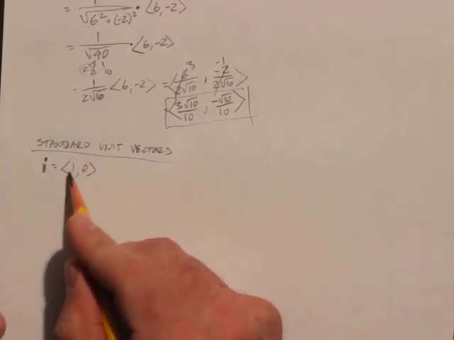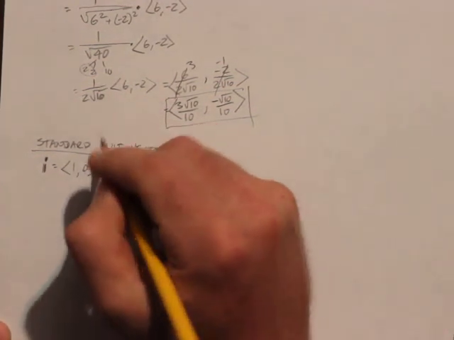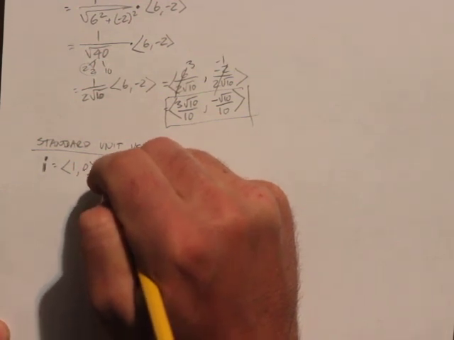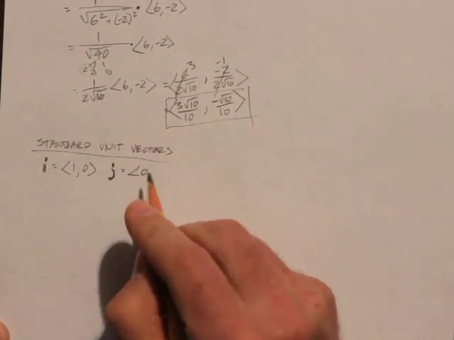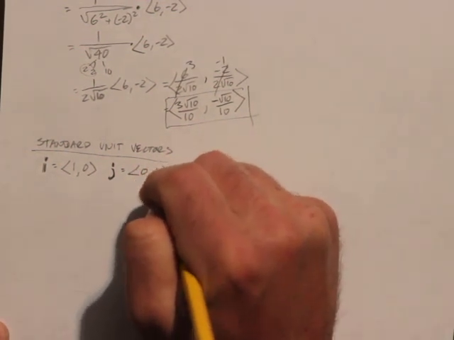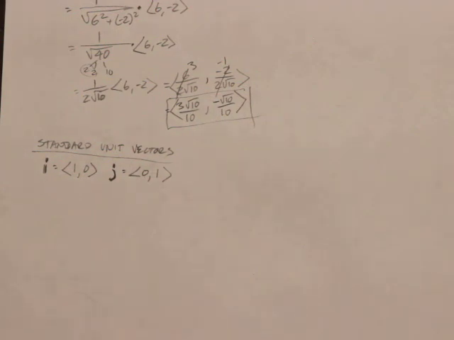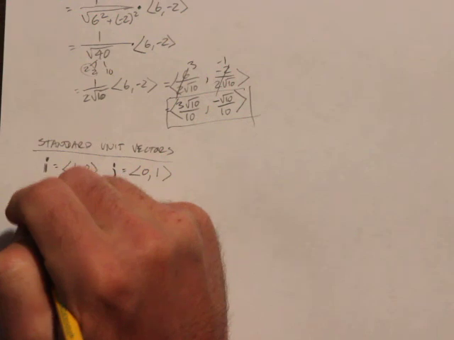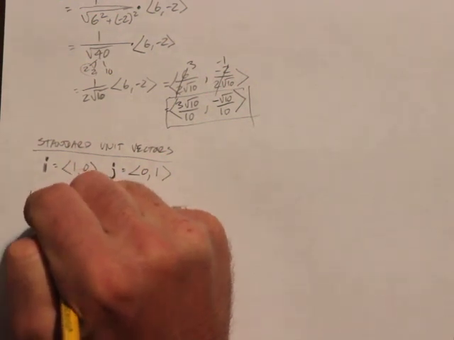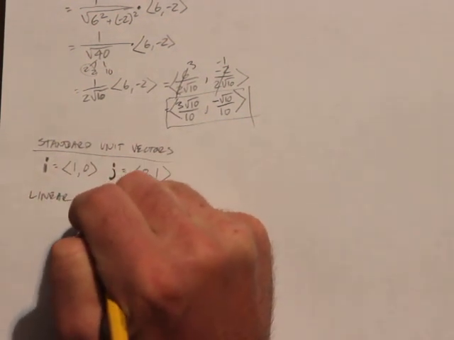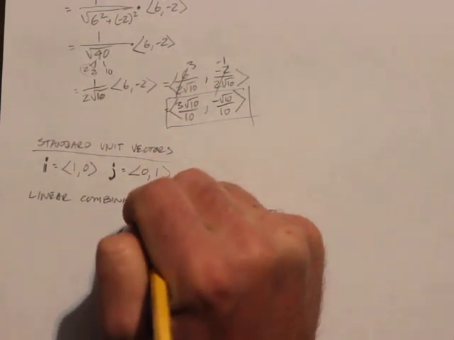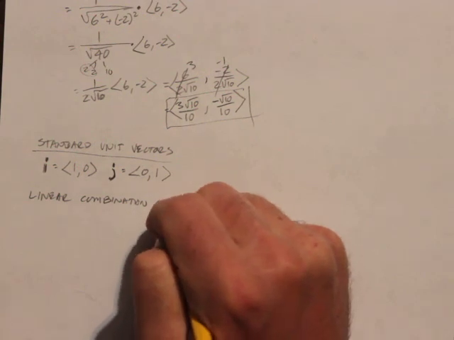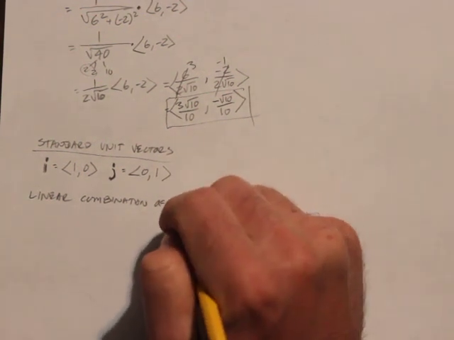It doesn't go up and down, just moves to the right one. And j is a vector that doesn't move horizontally at all, but it moves up 1. Those are two standard unit vectors. Now, let's look at this linear combination of i and j.